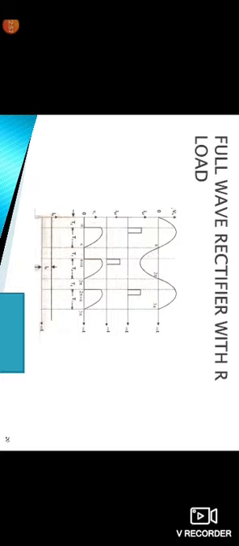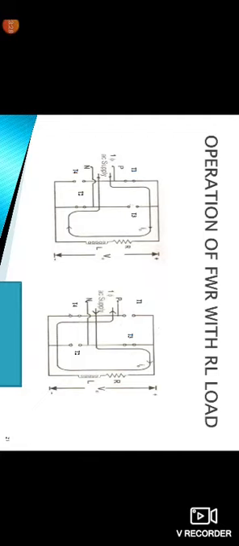Another triggering pulse, 2 pi plus alpha, is applied, so that the output voltage increases up to the third point. There is a conduction duration in the cycle for T1 and T2. In the full wave rectifier with R load, the current maintains constant. These are the waveforms of the full wave rectifier with R load.